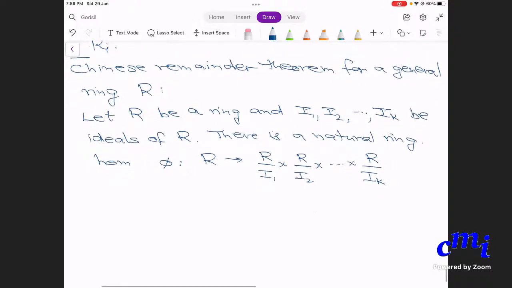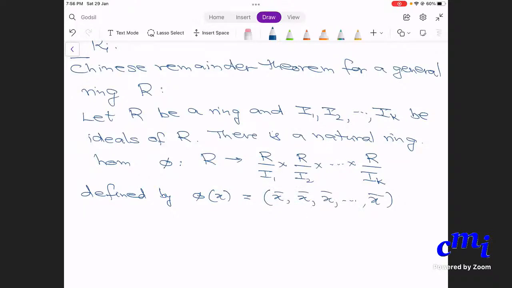And what is this natural ring homomorphism? It's defined by: if I take an element x in R, where does it go? I have to give you a k-tuple. The first element of that k-tuple should be in R mod I1, the second element should be in R mod I2, and so on. So I just take x bar, x bar, ..., x bar, all the components are x bar.